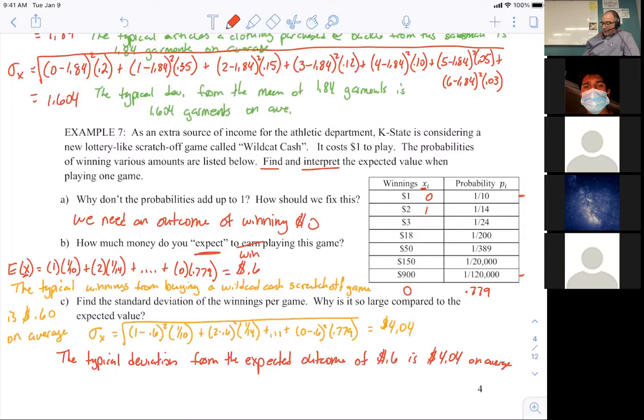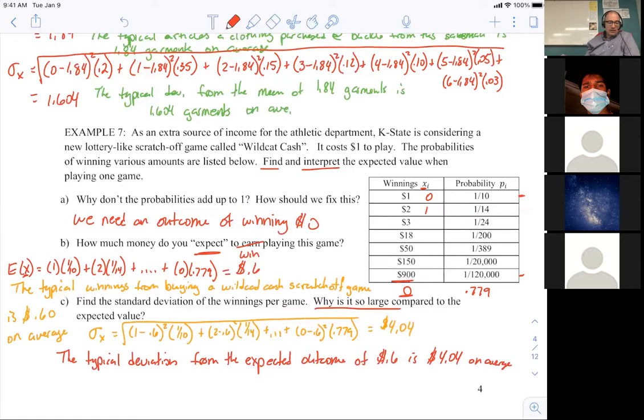Now the other question there is, why is that so large compared to the expected value? And again, we have to remember that the killer for making standard deviations large is going to be scale. We're going to look at our scale, where my winnings go all the way from 0 to 900.